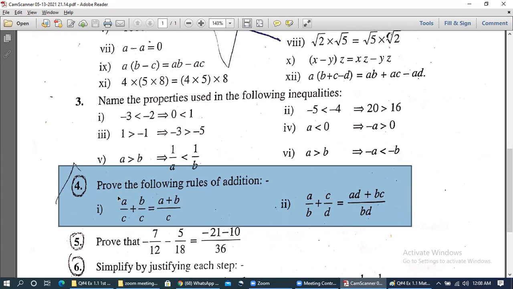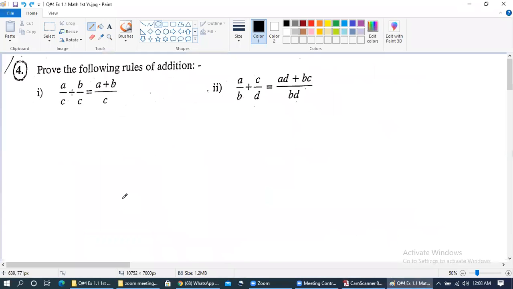So for this purpose, we have to look towards our solution. Let's start our first question, which is a/c + b/c = (a + b)/c. For question 1, part 1, we have the left hand side.